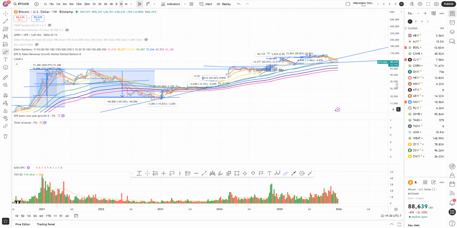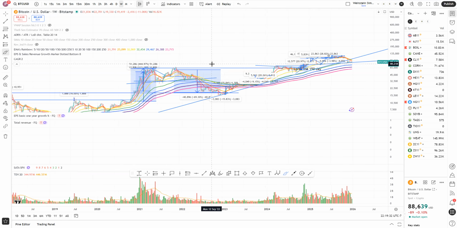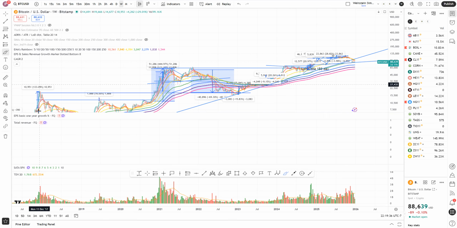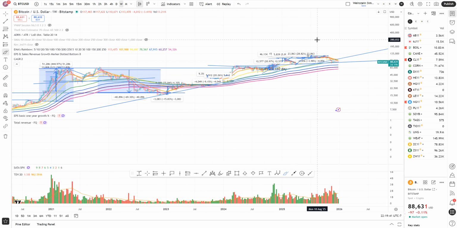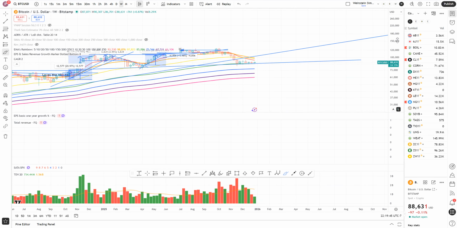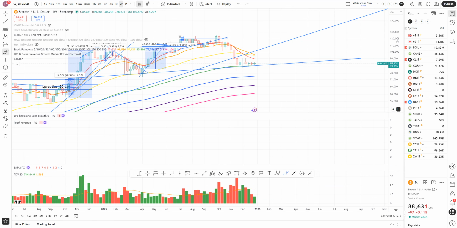I don't want to take too much time here, but like here it goes up, but this is also parabolic, which means it just went straight up. So we're not really looking for that here. We're looking for probably a triple top if it does crash. The other scenario is that this is really just building a higher low, and it goes maybe something like this.